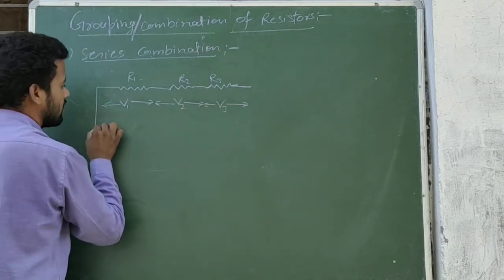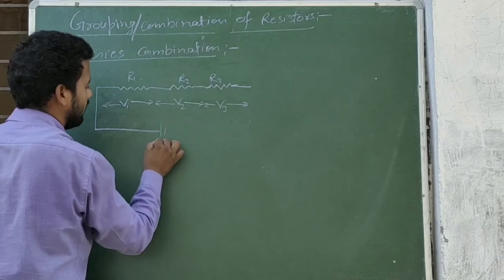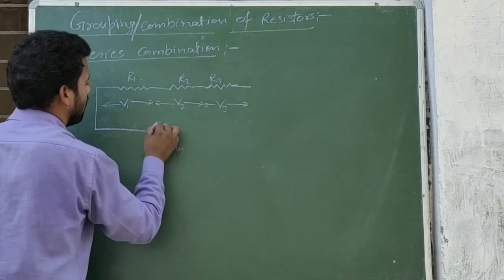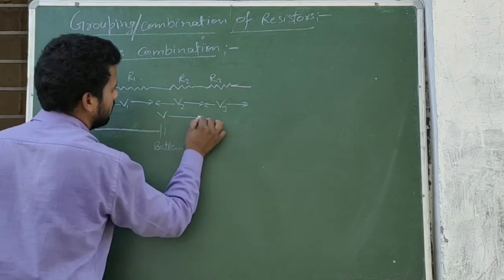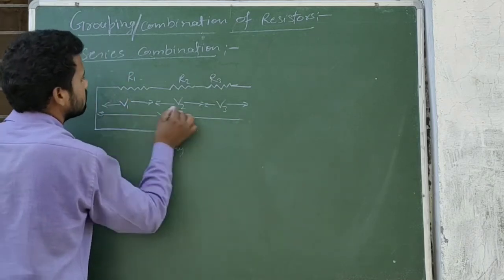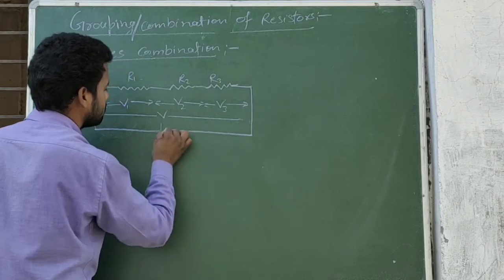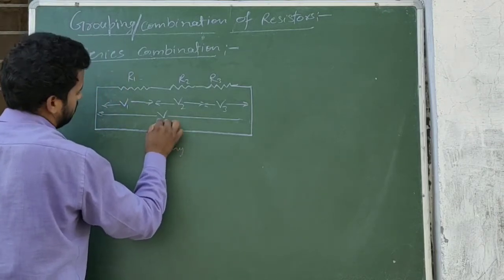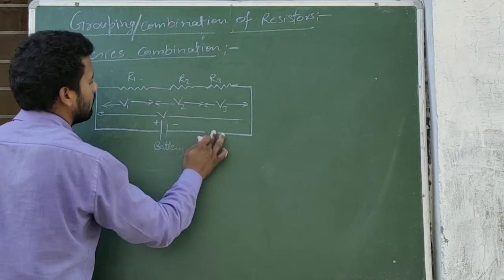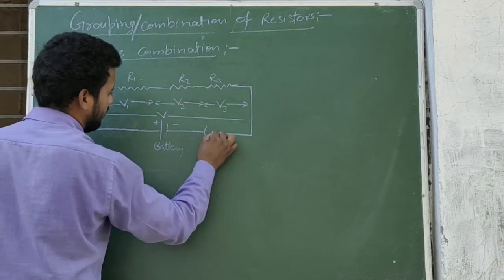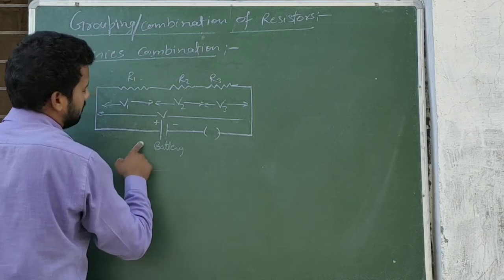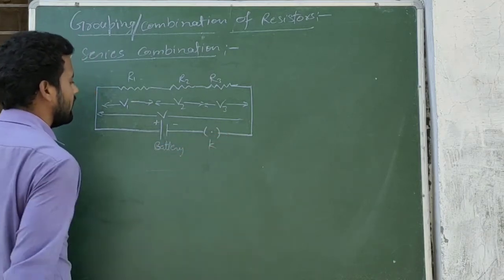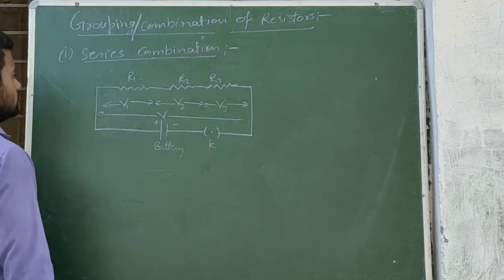The resistors are connected with a battery of potential V, with the help of plug key K. Okay, so write down.